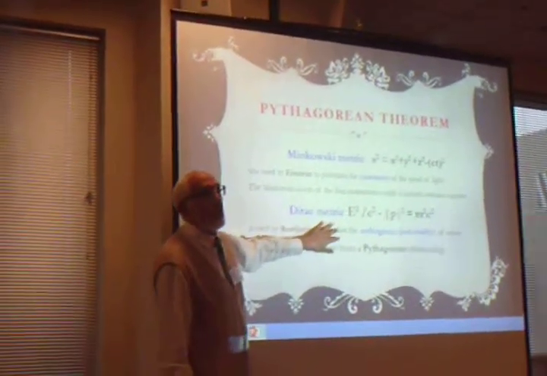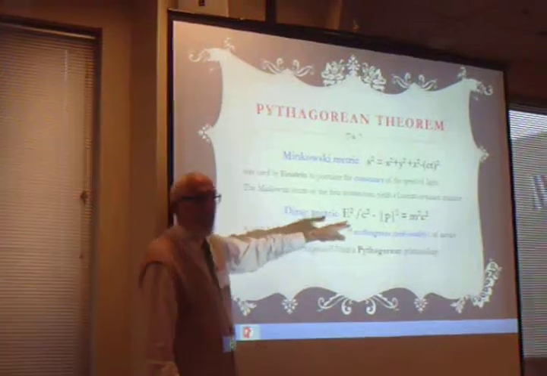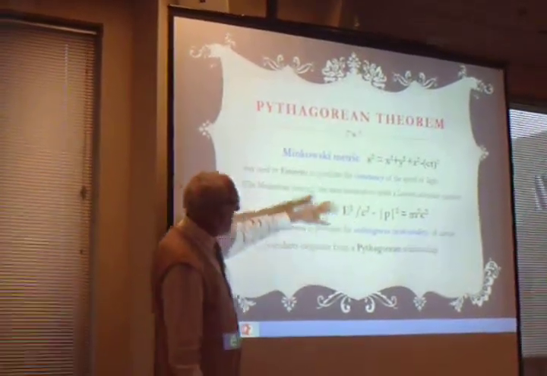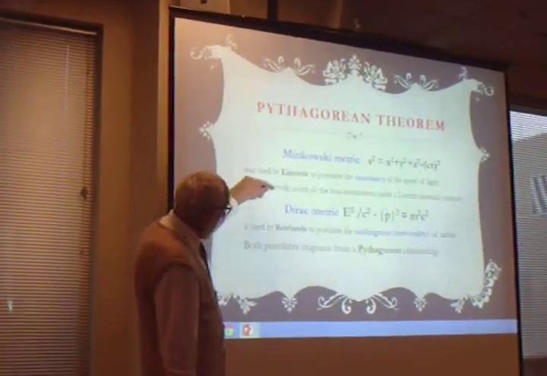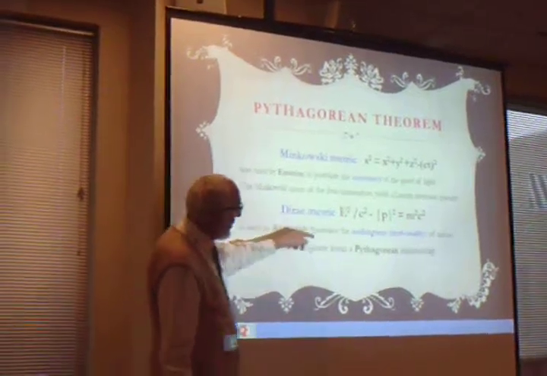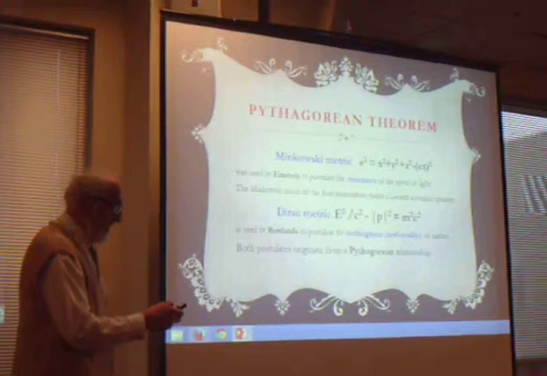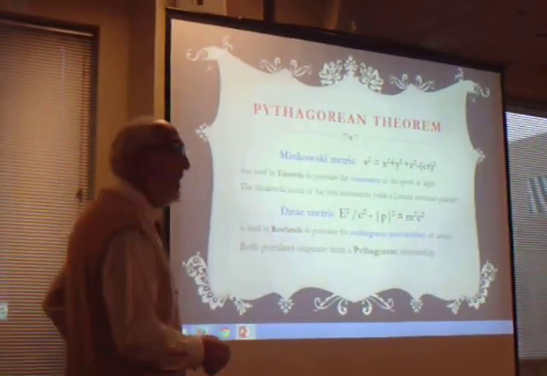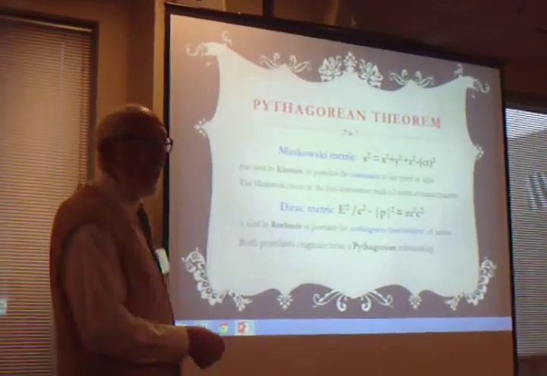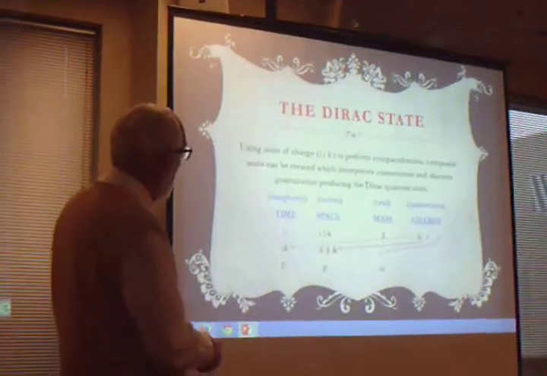I know none of you call this a Dirac metric. I call it a Dirac metric because it has the same structure as the Minkowski metric, but Rowlands used it to postulate the nothingness or zero totality of nature. And both of these originate in a Pythagorean relationship.